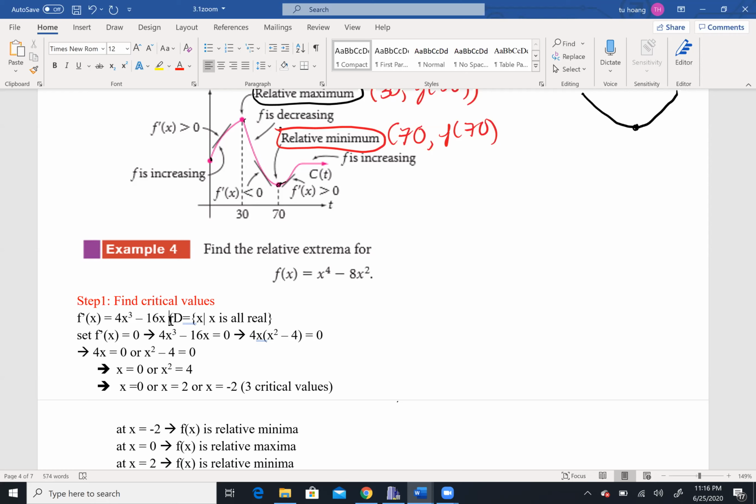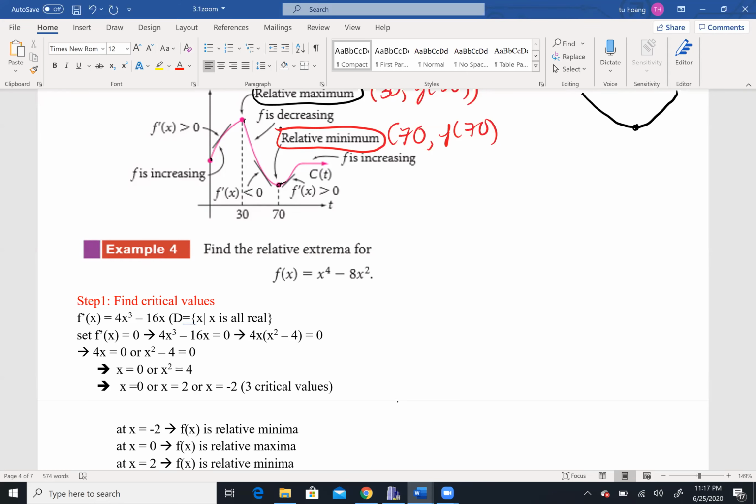Actually it's still in step 1, because we need to find critical values. After finding the derivative of f(x), I need to set the derivative equal to 0. So I'm going to set 4x cubed minus 16x equal to 0.